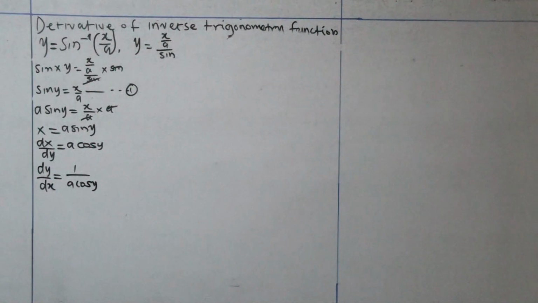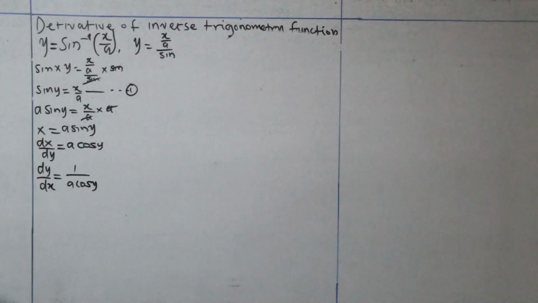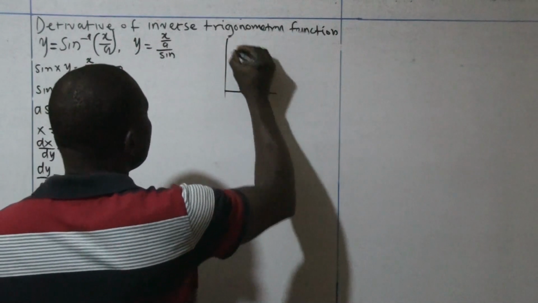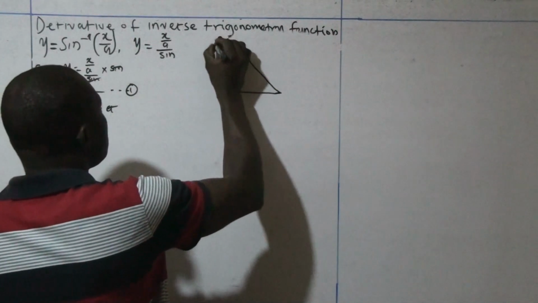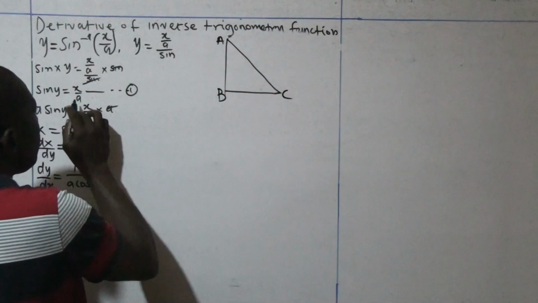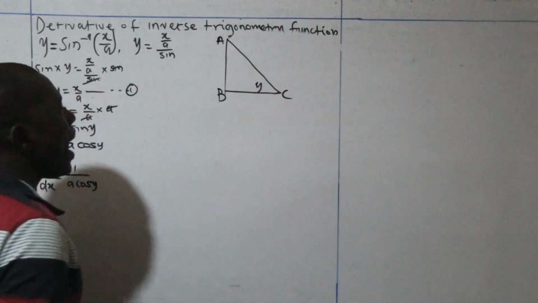But here we are finding it with respect to x, and we are seeing y here. That means we need to get rid of y. From equation 1, let's go to our trigonometry ratios. From the right angle triangle with sides A, B, and C, let this angle be angle y.